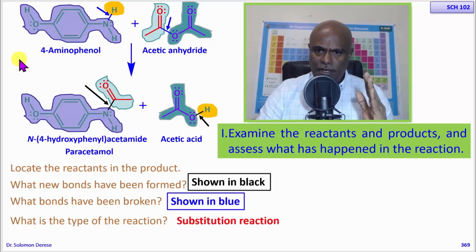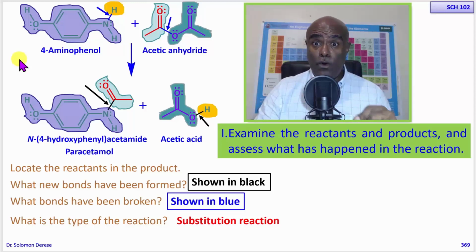So examining the reactant and the product is the first and most important step in drawing a reaction mechanism, as it will help you identify the bonds that have been broken and the bonds that have been formed. After this, now you know which bonds are broken and which ones are formed.